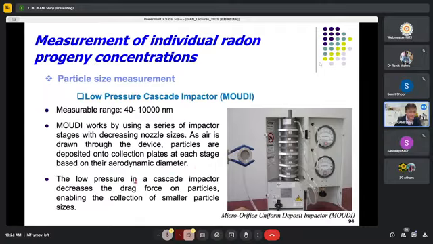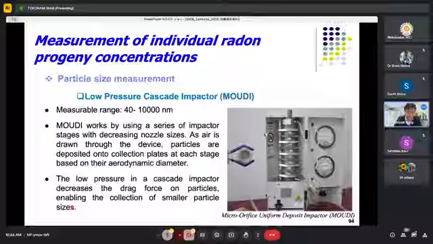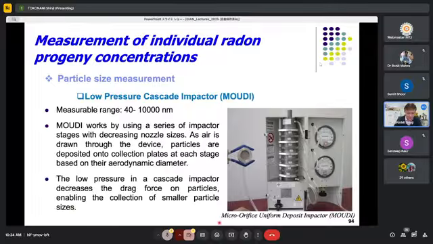The low pressure in a cascade impactor decreases the drag force on particles, enabling the collection of smaller particle sizes. Micro-orifice uniform deposit impactor. Here is the acronym, MOUDI.